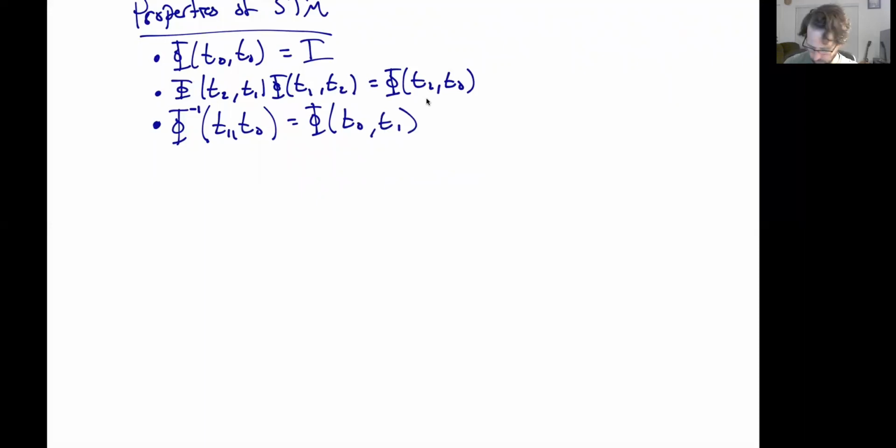So they are invertible. Another one that's not in the notes here, that I have in my book, is the derivative, as we showed before, just to reiterate, the derivative of phi of t and t naught is equal to A times phi of t and t naught.